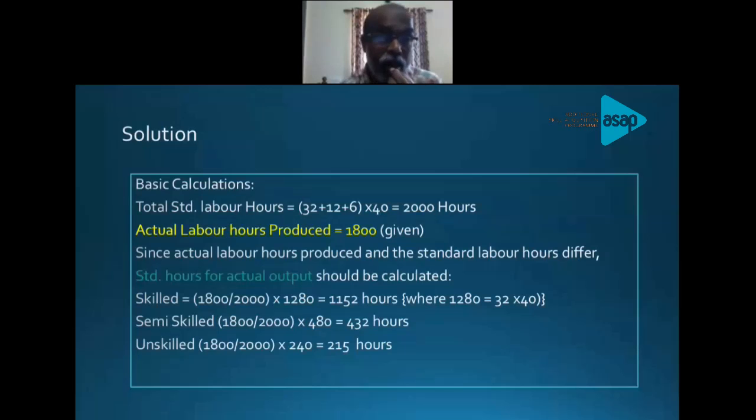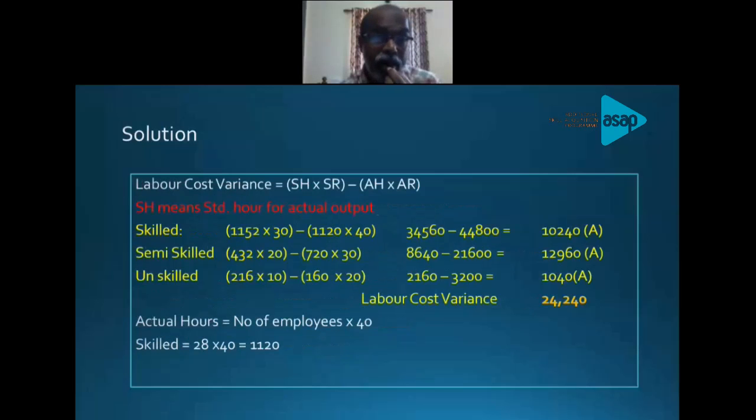Standard hours here represents the standard hours for actual output. We have already computed this in respect of 3 different types of employees. So we are calculating the labor cost variance in respect of skilled employees.